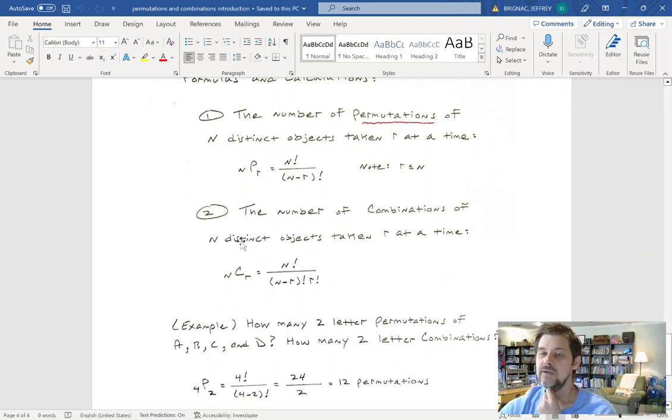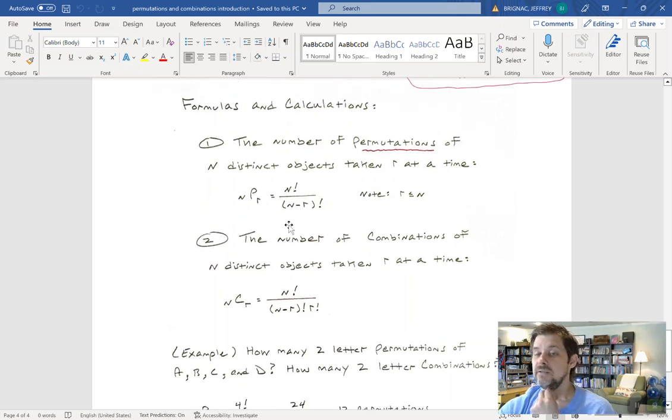And then the number of combinations of n distinct objects taken R at a time. So maybe I have 10 objects, I'm going to take 2 at a time, and I want to know how many different combinations there are. It is n factorial over n minus R factorial times R factorial. I write nPr and nCr because those are also functions in a calculator.